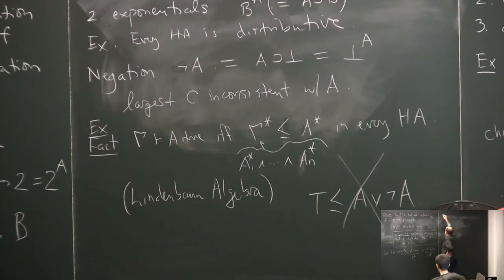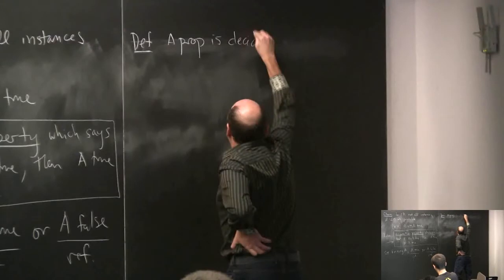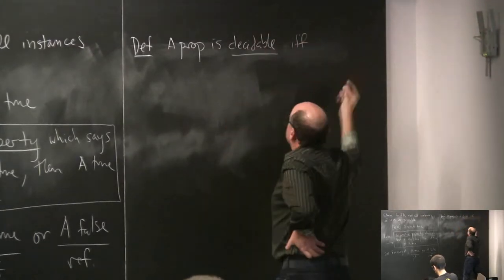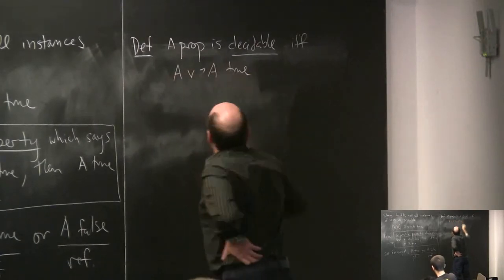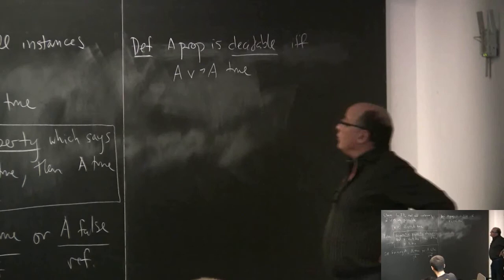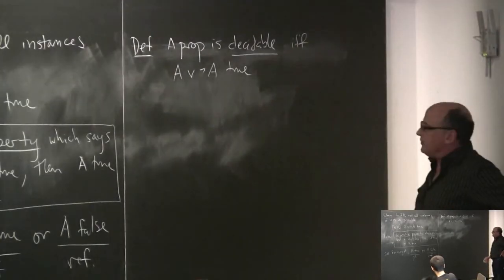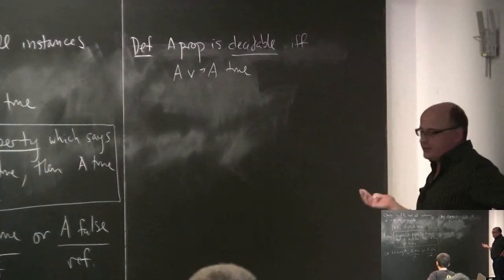Let's make a definition: we'll say a proposition A is decidable if and only if, just by definition, A or not A is true. Sometimes this can get confusing, so if you don't mind me belaboring the obvious: just because it isn't universally valid, as I will eventually show, doesn't mean it can't hold in certain situations.